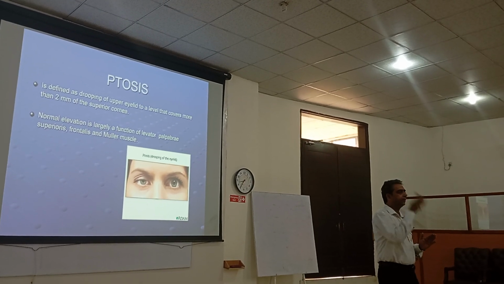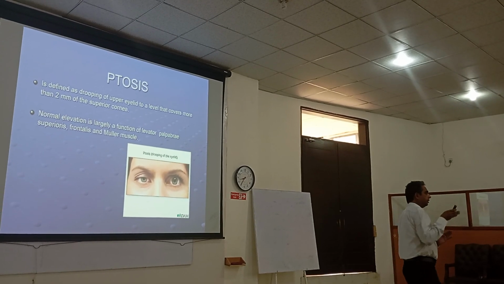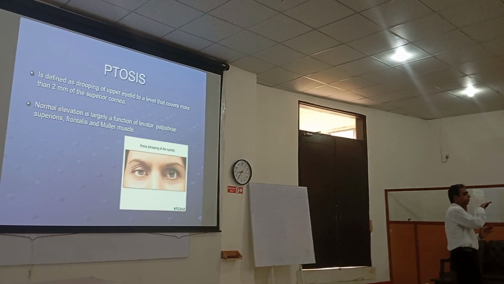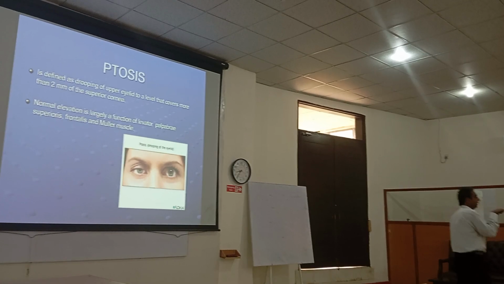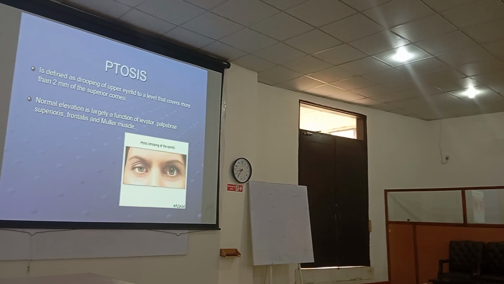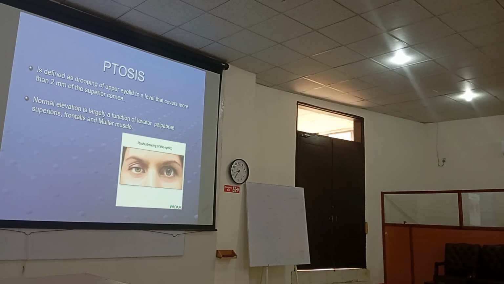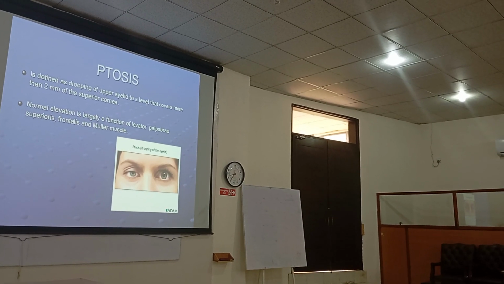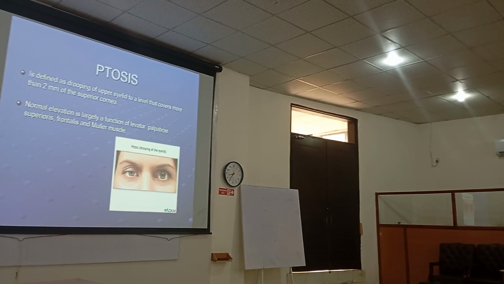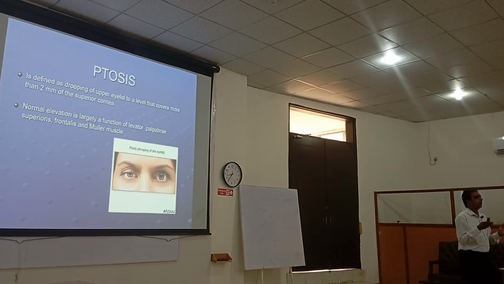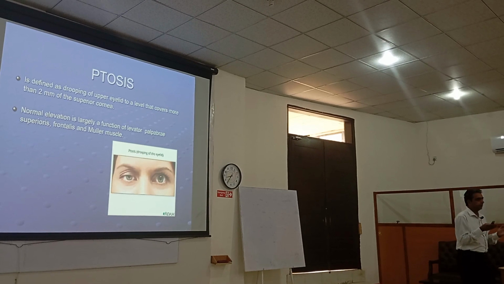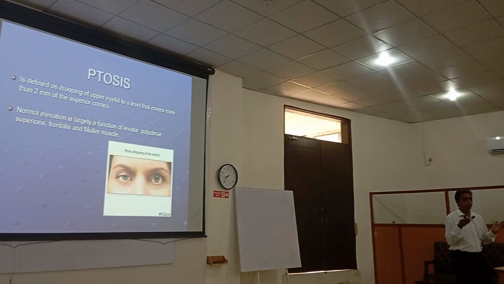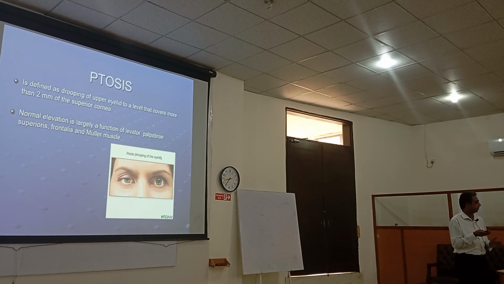The vertical length of the cornea is almost 10.5 mm, and the horizontal length is almost 11.7 mm. So in the vertical meridian it is more curved, at 10.5. It covers 2 mm of the normal cornea in normal people. If it is more than 2 mm, then it may be a case of ptosis. Okay?